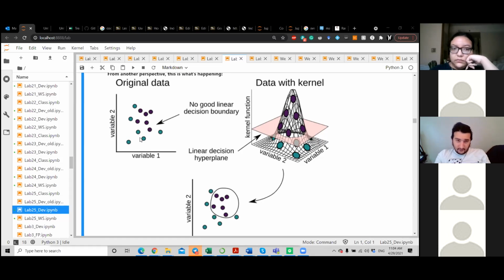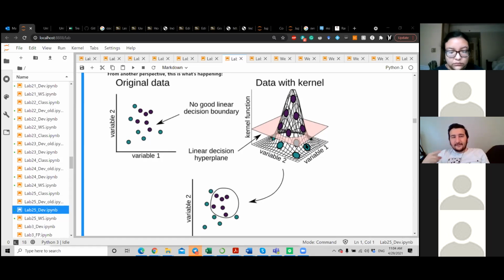No. So no good linear decision boundary is seen here. If we apply the kernel trick of the support vector machines, we can take this from two-dimensional space to three-dimensional space. And we will have something like this. The purple circles in the middle, the green circles surrounding them.